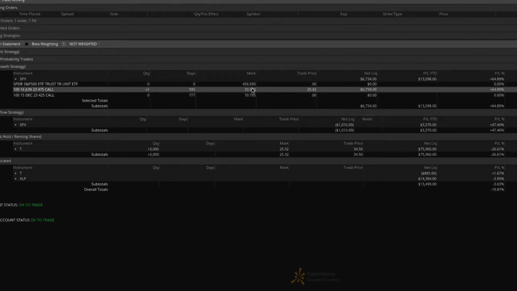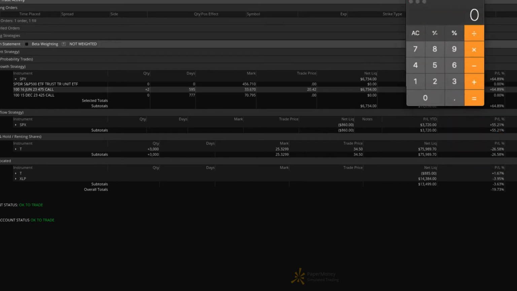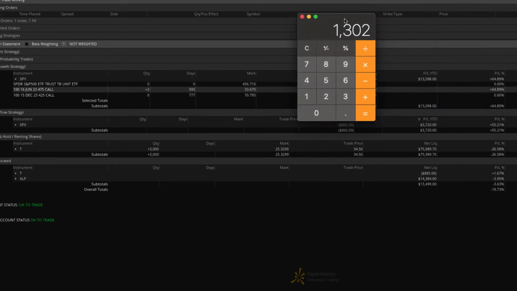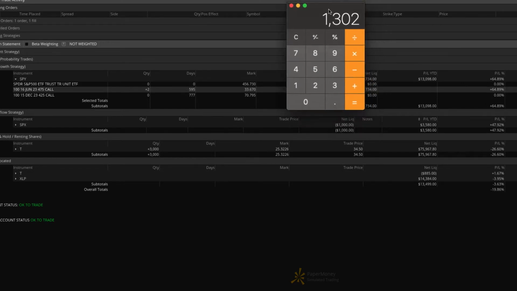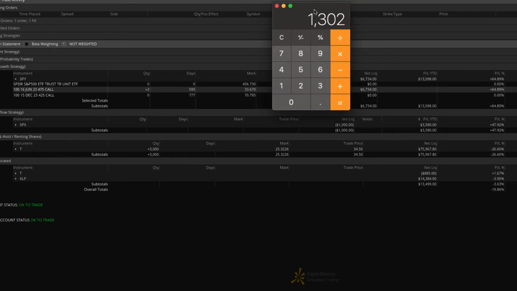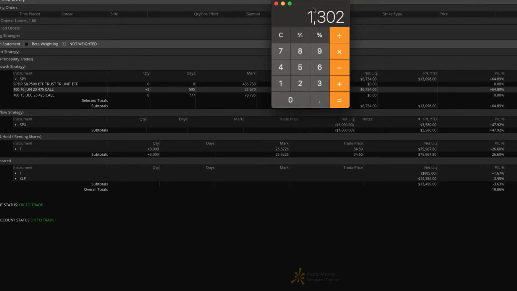However, if we look at it, now we're at 33.67, which is about a 65% return. Remember our original risk was 1302. That's what I originally risked on this trade, because I only bought 1 contract. I should have bought 2, but I only bought 1 because of the way I did it. But if you were using the template rules, just use the template rules based on your account size.